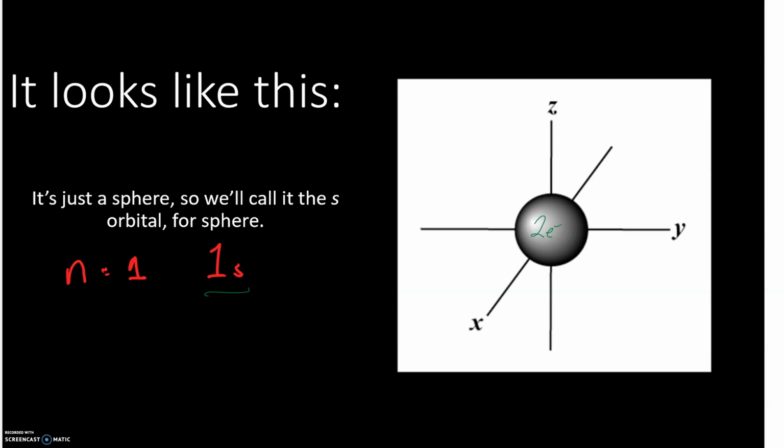Electrons will stay in the same orbital as long as they're spinning in opposite directions. So this orbital holds 2 electrons, as long as one is facing one direction and the other is facing the opposite direction. We'll call this one an up electron, and this one a down electron. Okay, let's go to the second energy level.